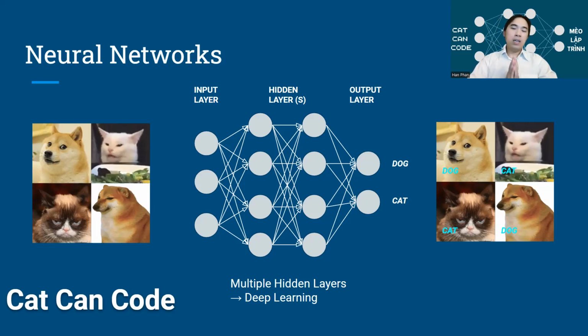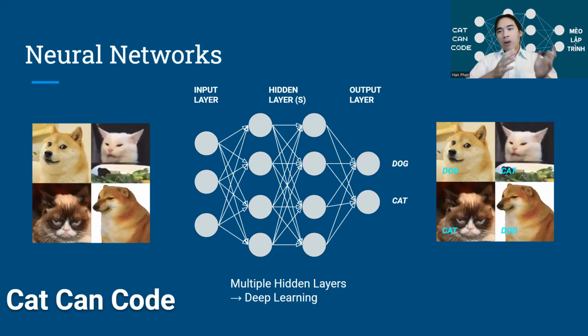When we have multiple hidden layers, we call this deep learning. Deep learning is just a subset of neural networks where we have multiple hidden layers. So let's look at this example to see how neural networks can see images and identify the object in them.